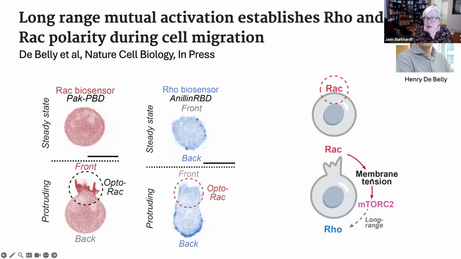That increases membrane tension, which is sensed by mTORC2, which then activates Rho. So there's this famous antagonism between RAC and Rho very locally, but it turns out there is a pathway through which RAC activates Rho at long distances through membrane tension as a biophysical intermediate.